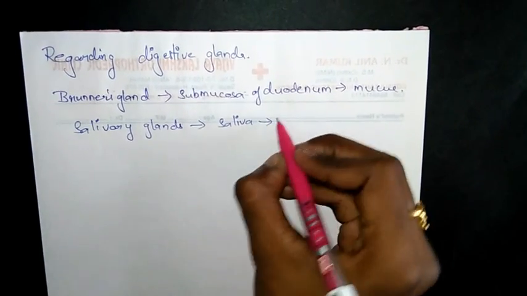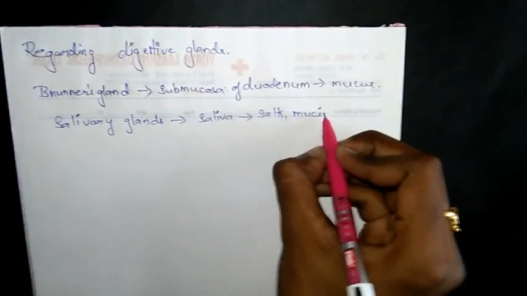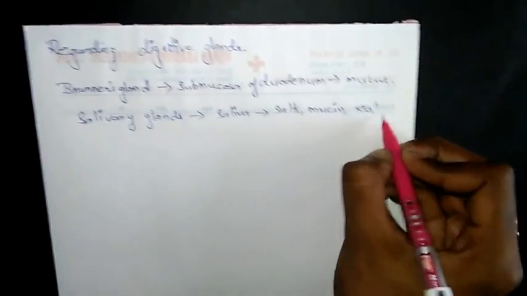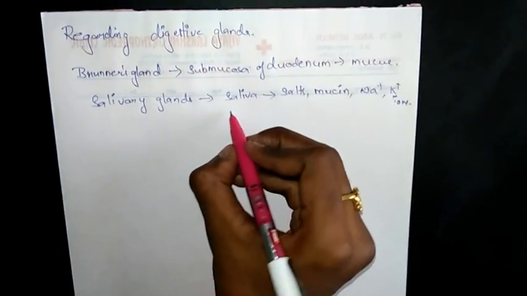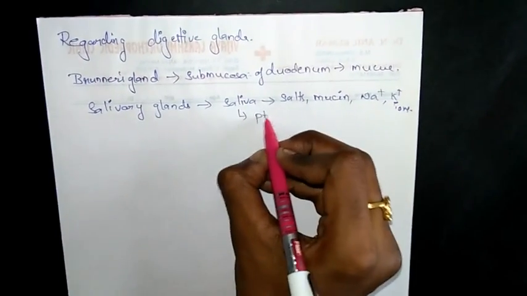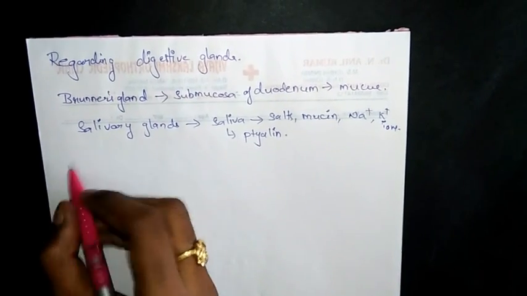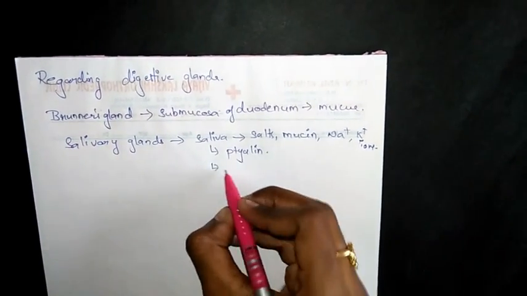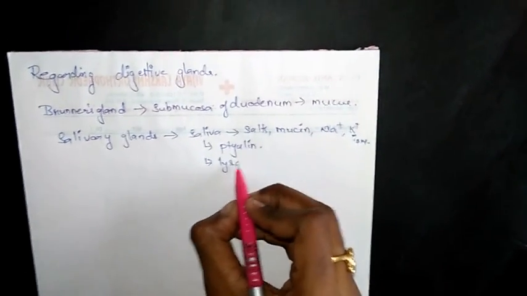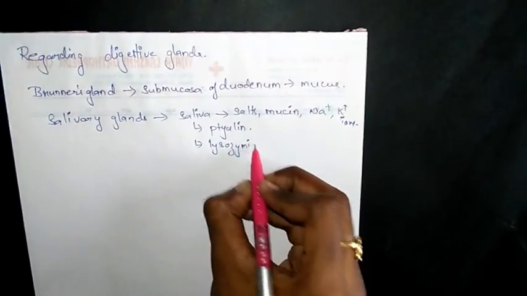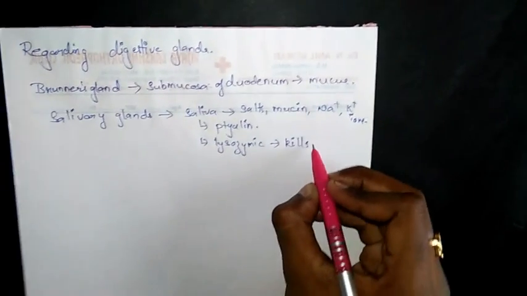Saliva consists of salts, mucin, sodium and potassium ions, and also an enzyme ptyalin. Its main function is lysozymic, which kills bacteria in our food.